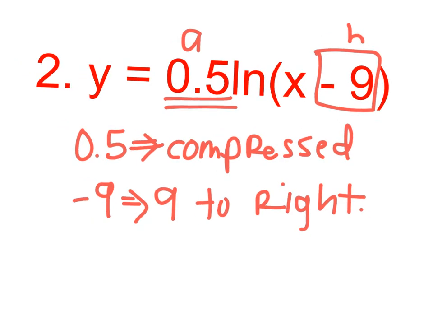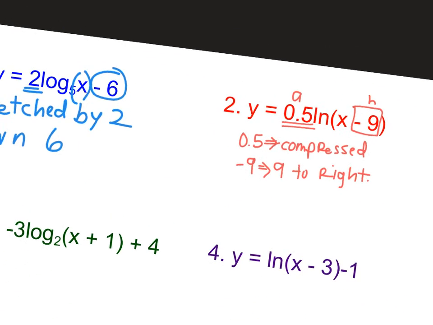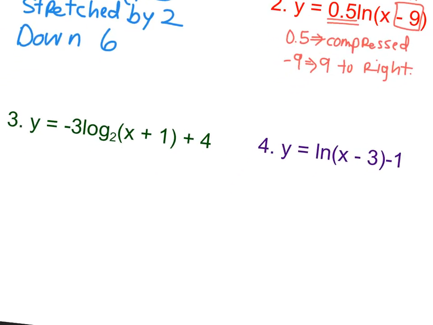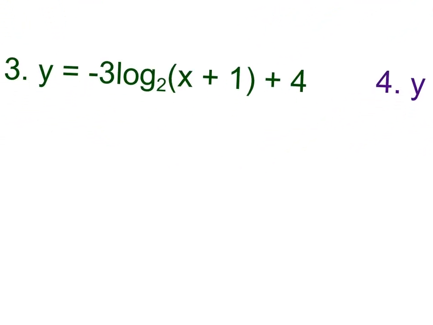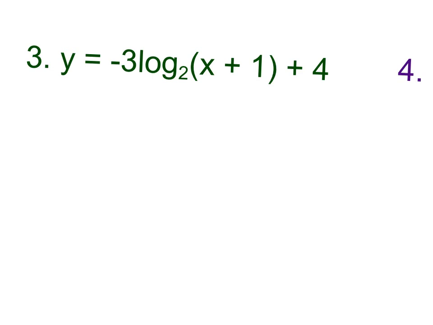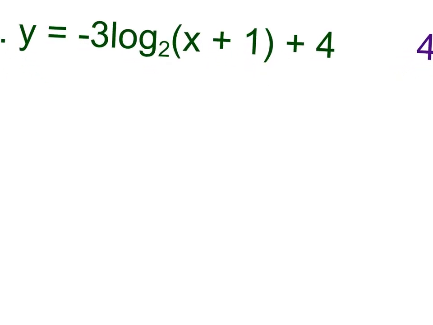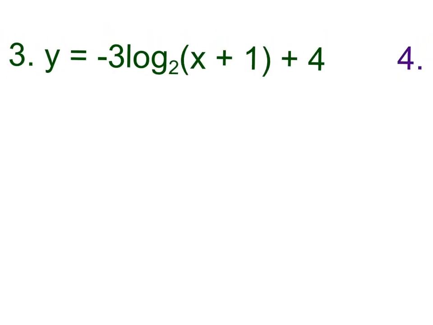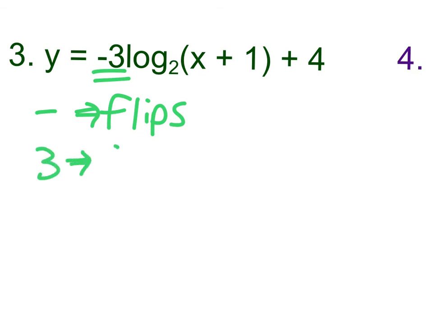All right, we're going to find number 3 here. I'm sorry, I wish this didn't do this quite like it does, but here we are. We have y equals negative 3 log of x plus 1 plus 4. So this one's going to have quite a few transformations. The first thing I notice is that we have a negative 3. Now remember, the negative tells me that it flips. The 3, since it's bigger than 1, tells me it's stretched.